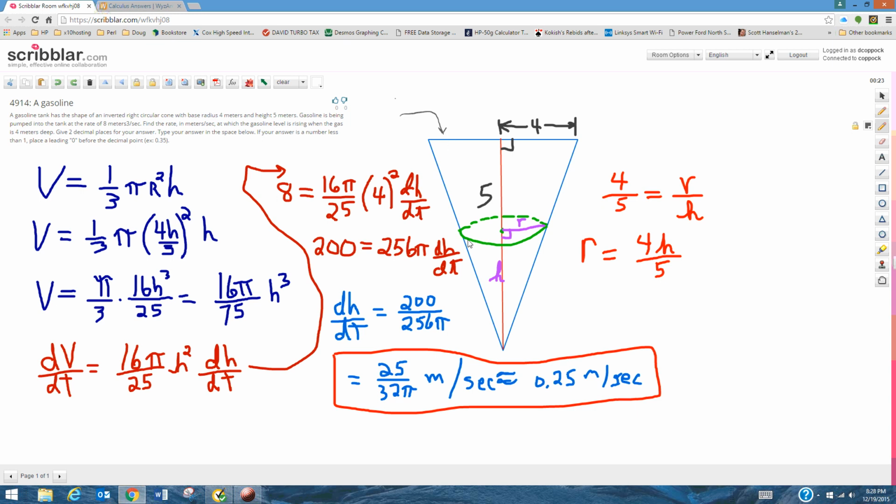So this green circle represents the top of the gasoline at a given point in time. And so the volume is represented by everything down in here. The key to this problem is realizing that we've got two similar triangles here, okay?